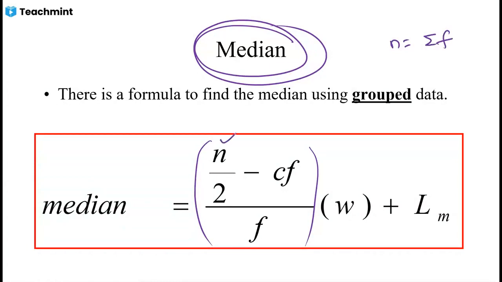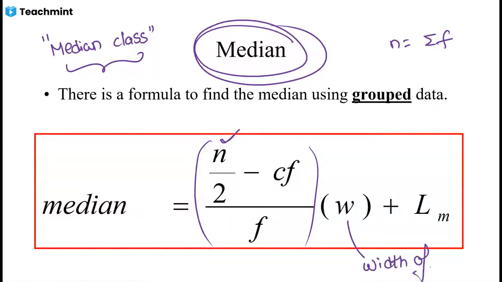W is nothing but width of median class. First in the question we have to decide the median class.